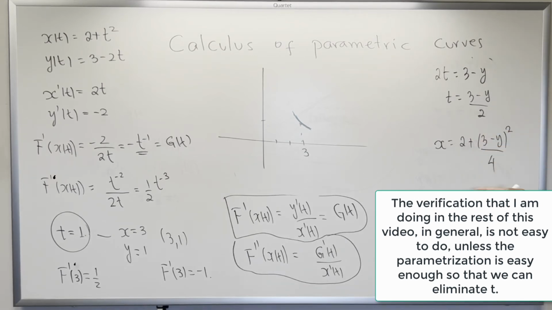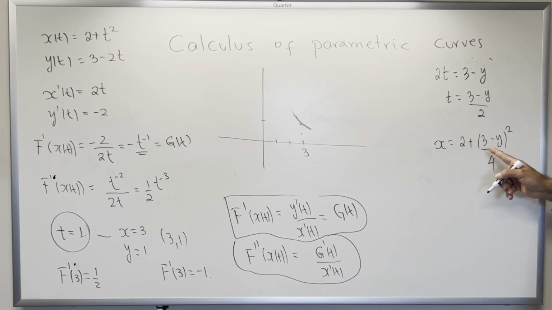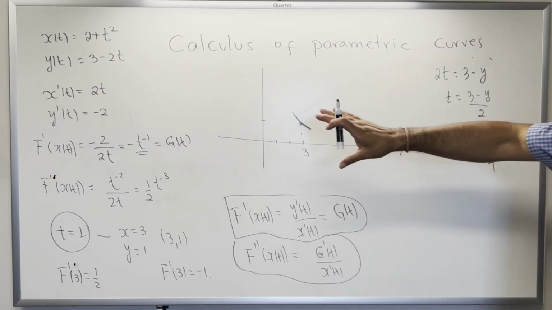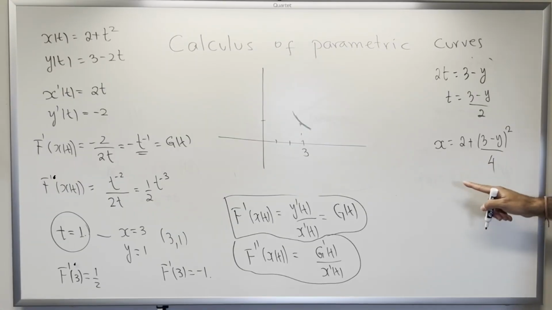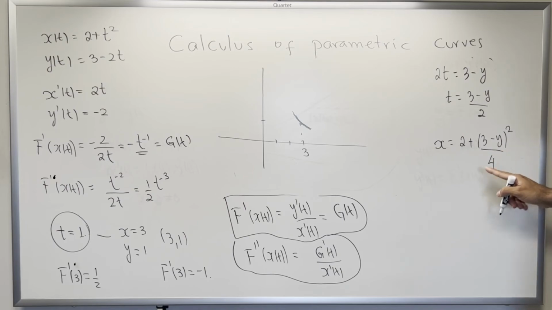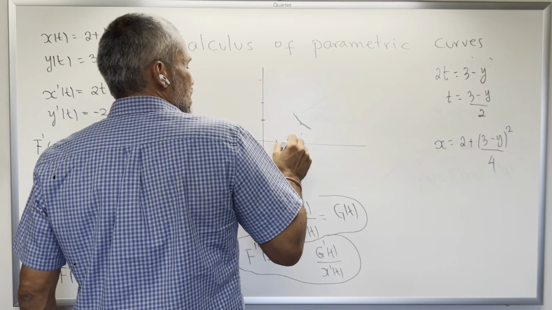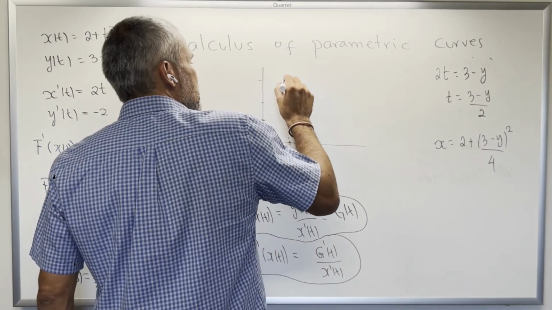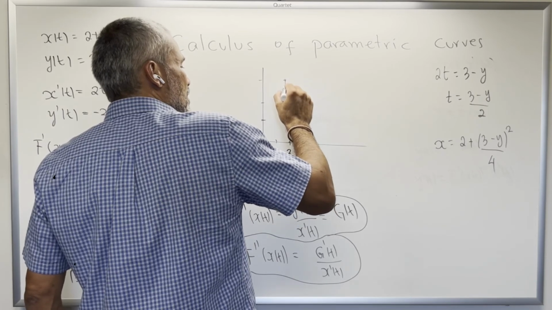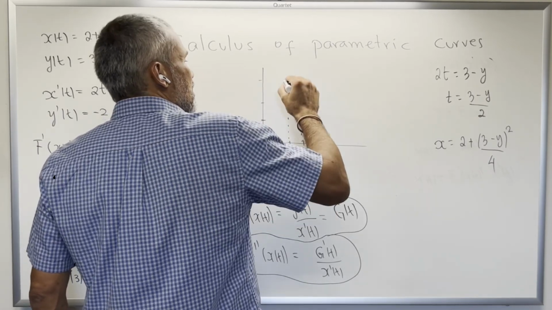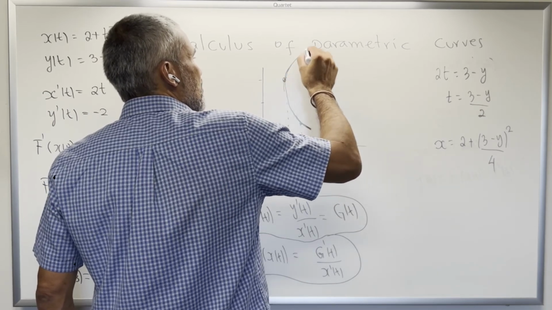We can see that this parabola, when you think about x, opens to the right. I think I was wrong at the beginning, but this opens to the right, and the minimum value is 2, and that happens when y is equal to 3. The minimum value is 2, and the parabola opens to the right. Then the parabola looks like this, right? This is the vertex of the parabola.